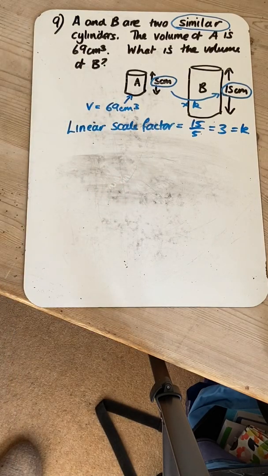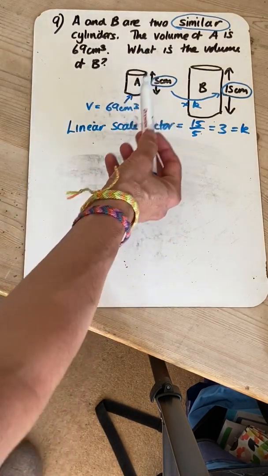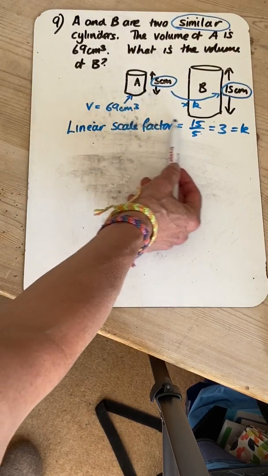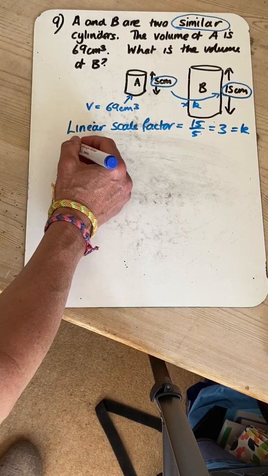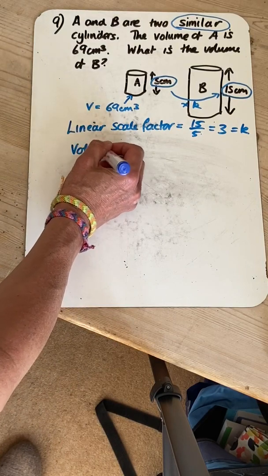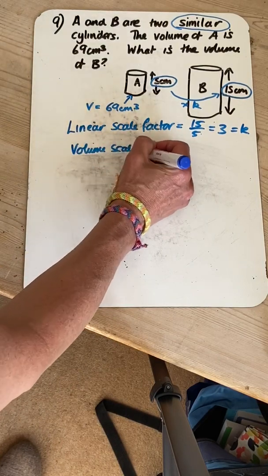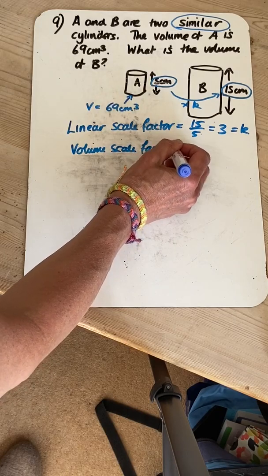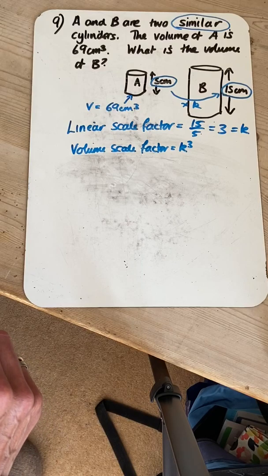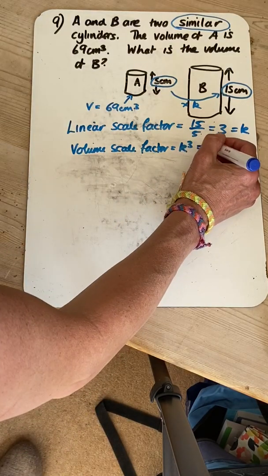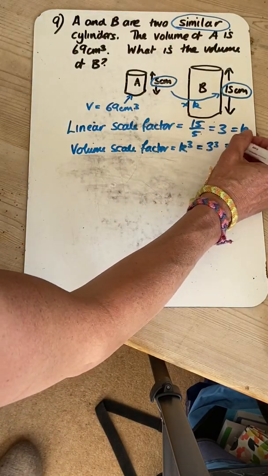So we need to work with a volume scale factor to scale up that volume to get to this volume. So we say our volume scale factor, which remember is going to be a cube of the original linear scale factor, is going to be 3 cubed in this case, which is 27.